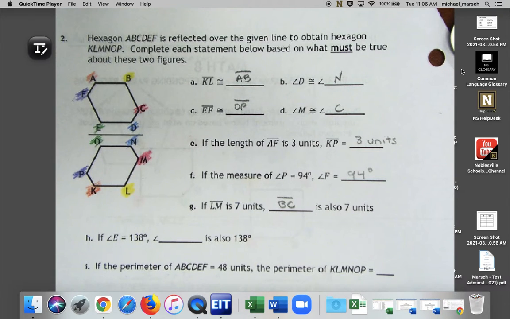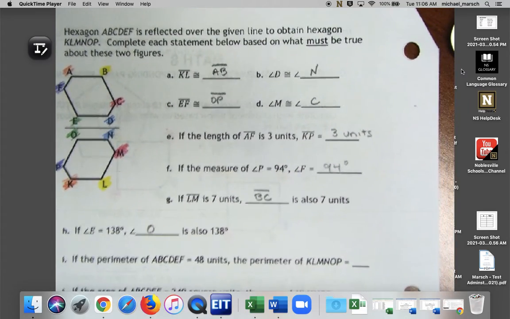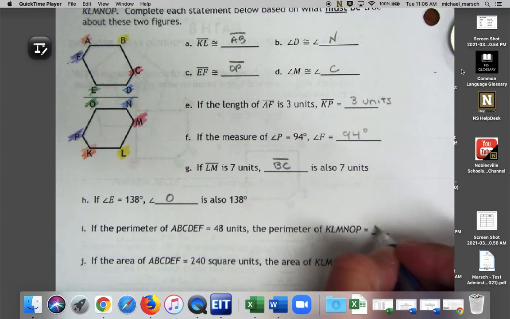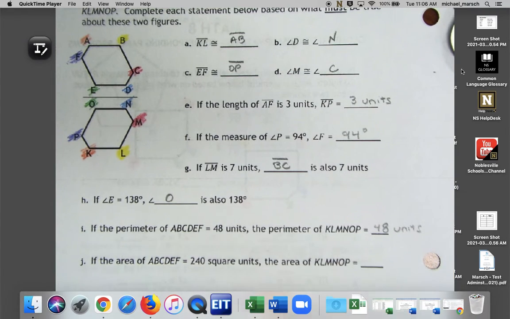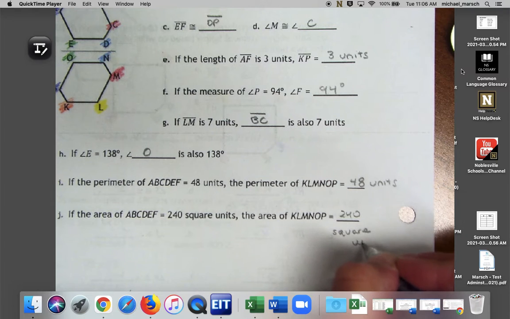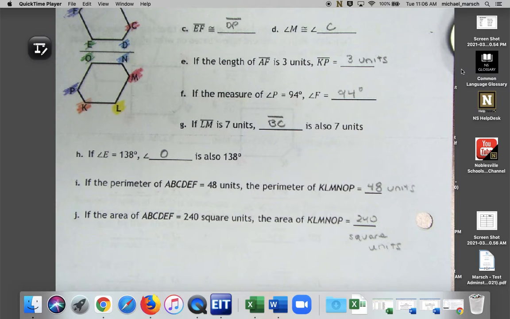If angle E is 138 degrees, what other angle must be 138 degrees? O. All right, how about perimeter and area? Are those going to change? Nope. So our perimeter is going to be the same, and our area is going to be the same. Again, we didn't change the sizes, so that's why.